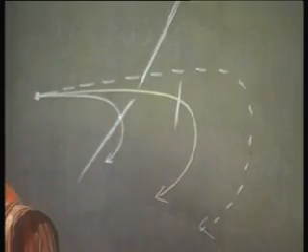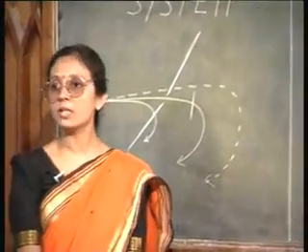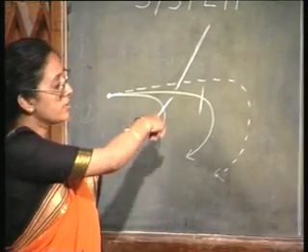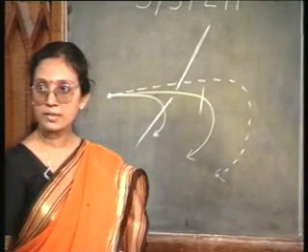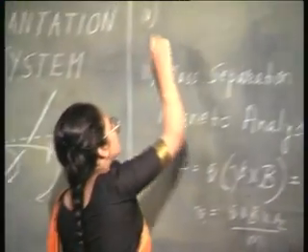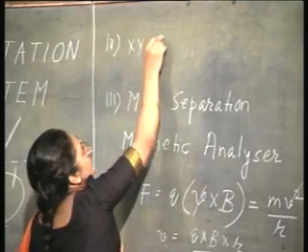But in actual practice, you may want to scan over a larger area. So, this beam has to be scanned up and down and to and fro. So, that is the final part of the implantation system, X-Y scanning.